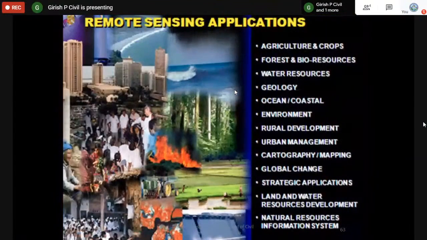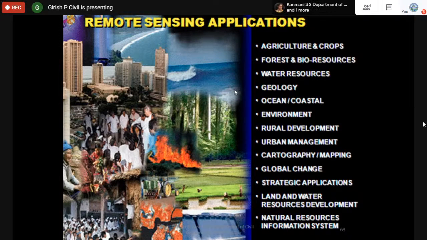These are the important remote sensing applications. They are presently very applicable in agricultural and crop study, forest study, water resources, geological study, ocean and coastal study, environmental study, rural management, urban management, cartography, global change, strategic planning, land and water resources, natural resources information, and disaster management.